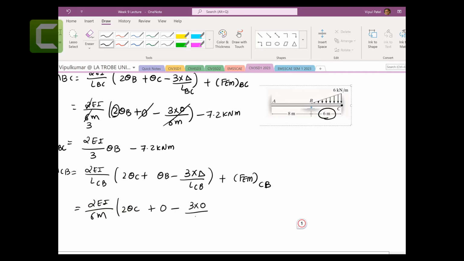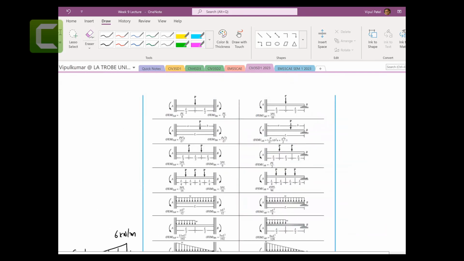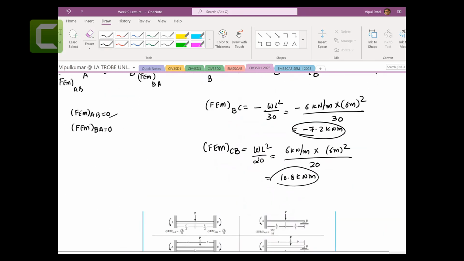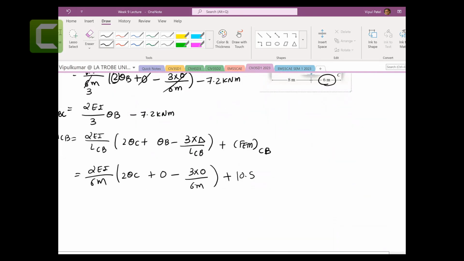This one is 0. This is length CB, which is 6 meters, plus the fixed end moment of CB, which is 10.8 kilonewton meters. So this cancels to 3, so we got 2 theta C on 3. What happens here?